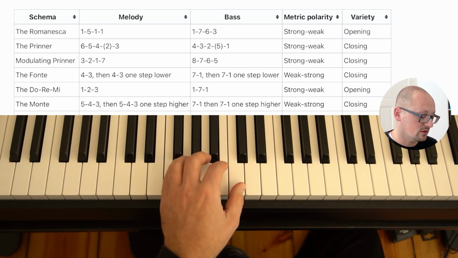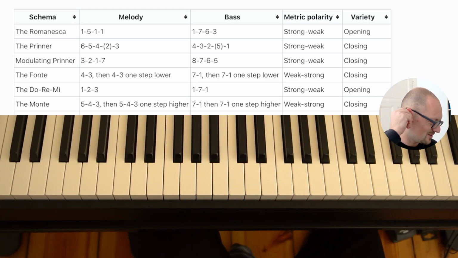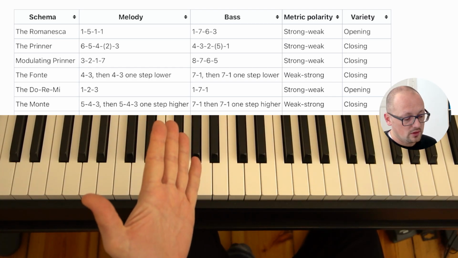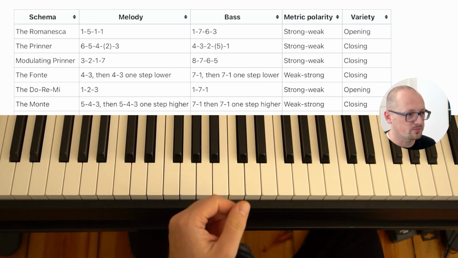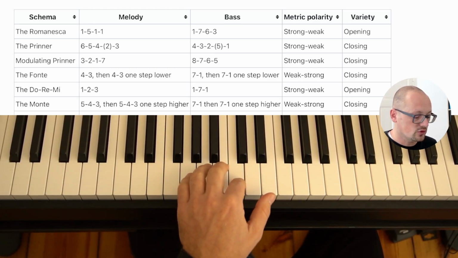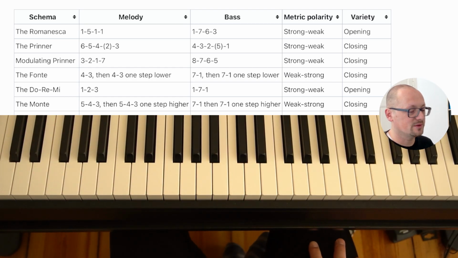So this is starting, continuing your idea, your theme. The best way is to start with the fourth degree, in my opinion. Just playing Prinner or a falling fifth sequence from the fourth scale degree.